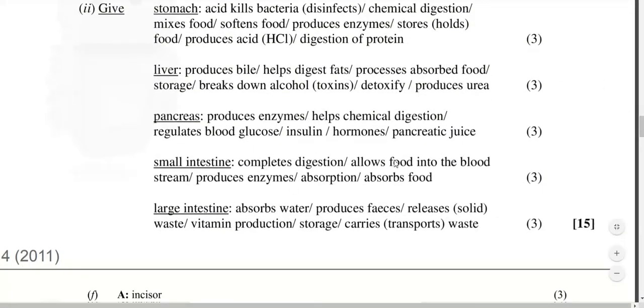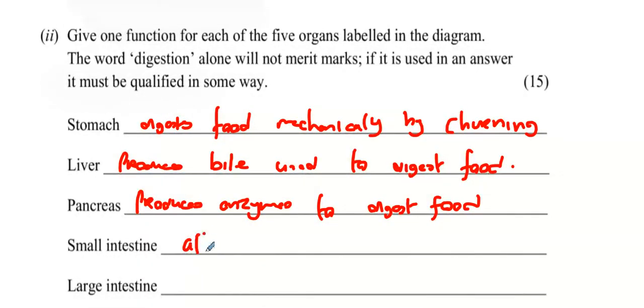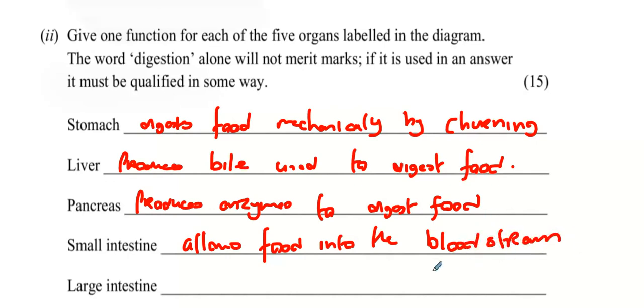Small intestine completes digestion, allows food into the bloodstream. I like allows food into the bloodstream. That's a good one. Also completes digestion. Okay, large intestine reabsorbs water into the body.